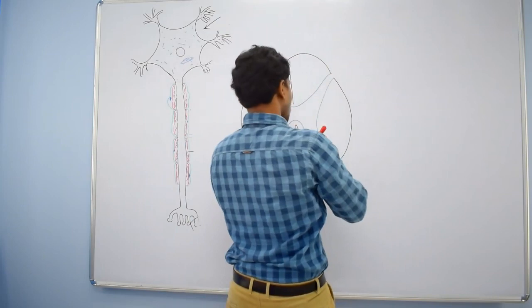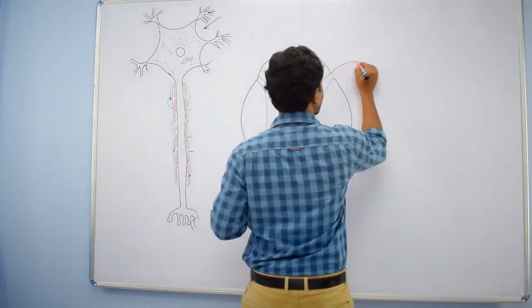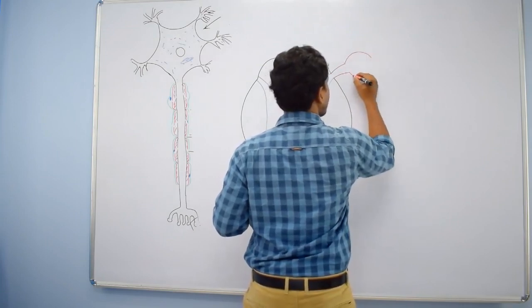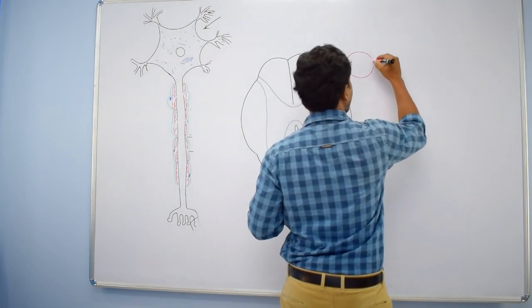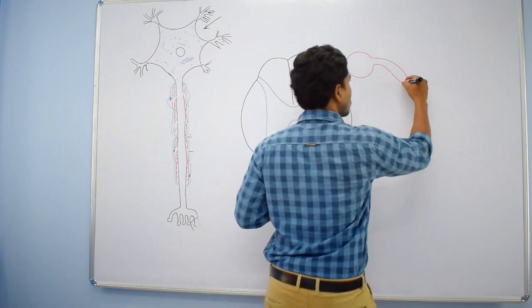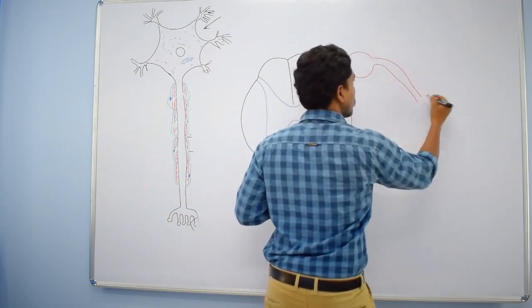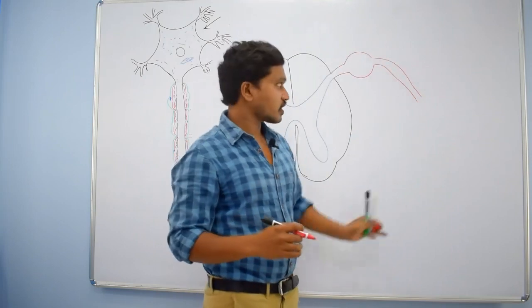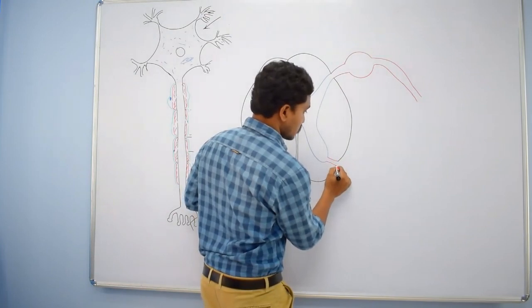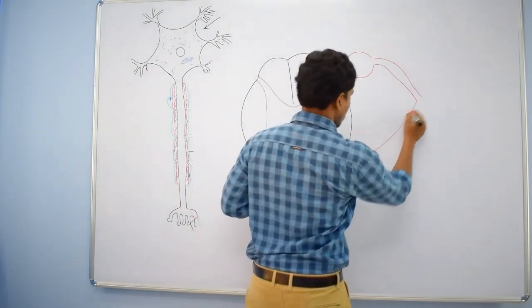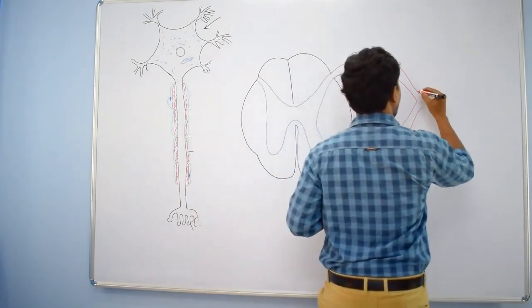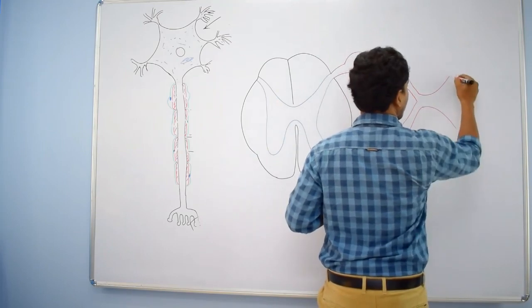The posterior root contains an enlargement called the dorsal root ganglion. Then this is going to unite with the anterior root. This anterior root unites with the posterior root and forms the spinal nerve. Right?